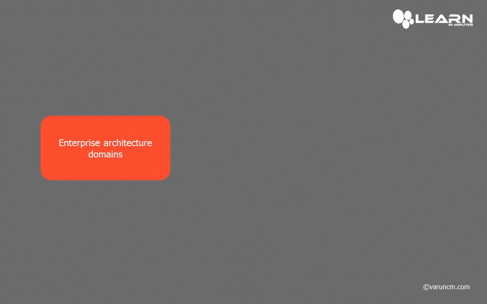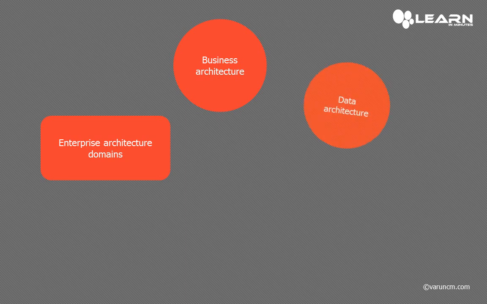This divides the architecture into four key areas, starting with the business architecture, which defines the business strategy and organization, key business processes, governance and standards, etc. The second is the data architecture, which documents the structure of logical and physical data sets and any related data management resources.